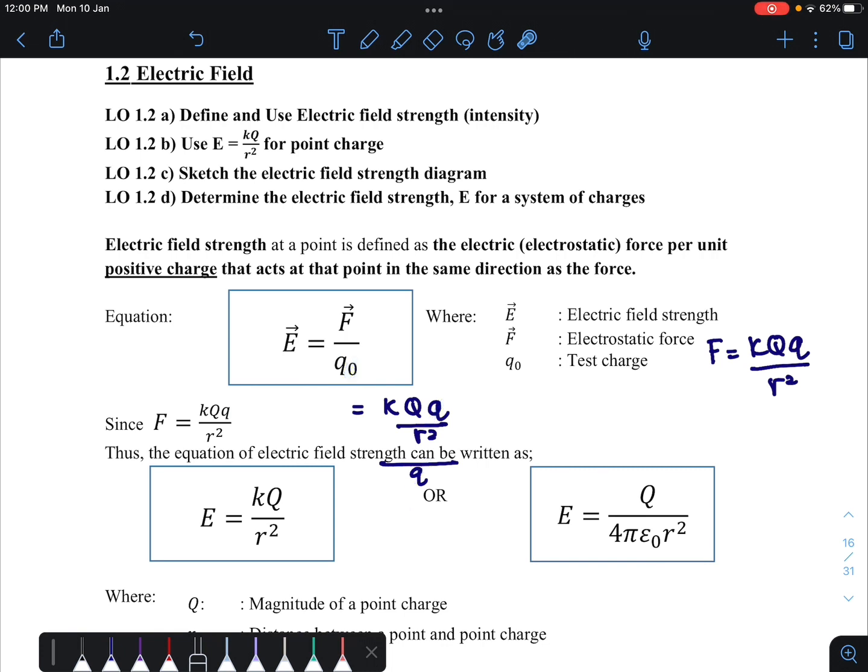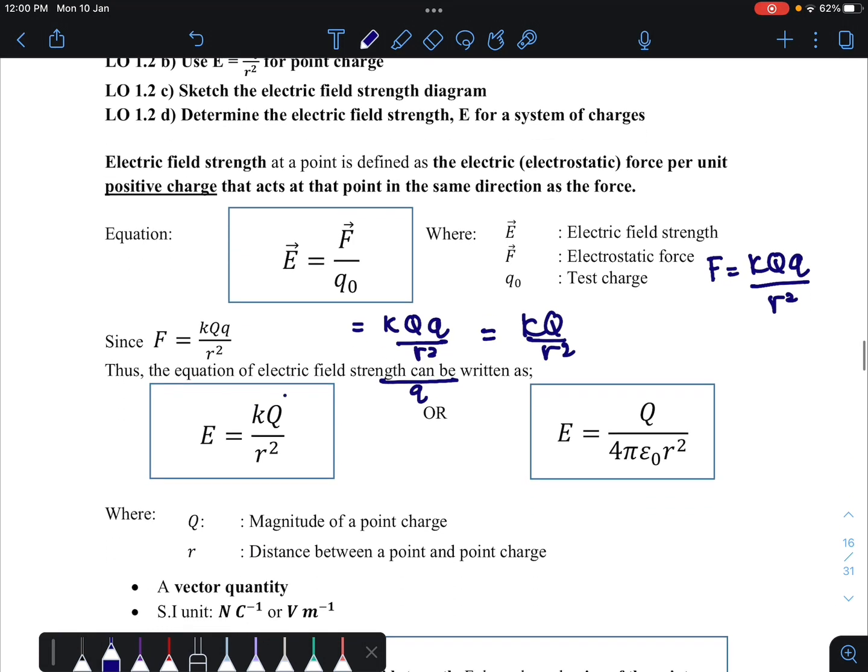We just write Q naught here to distinguish between the point charge that produces the electric field and the test charge that we want to test at a particular point. So we can simply cancel the Q here, and you will end up with KQ over R square, where Q here is the magnitude of the point charge and R here is the distance between a point and the point charge.